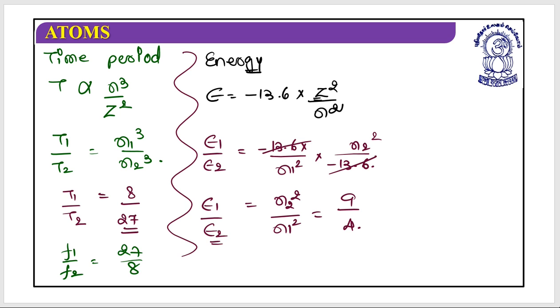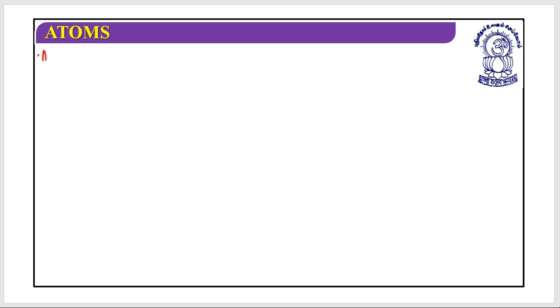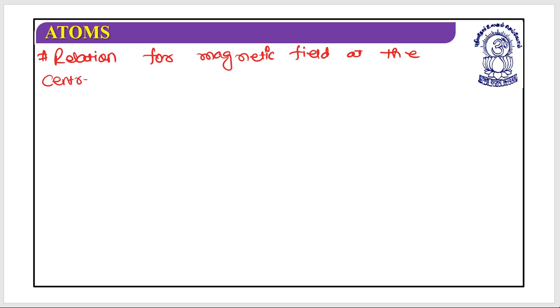Great. Now I want to derive one more thing: the relation for the magnetic field at the center when an electron is revolving around the atom.